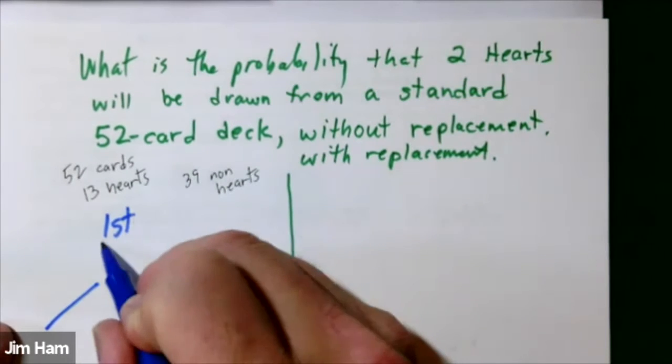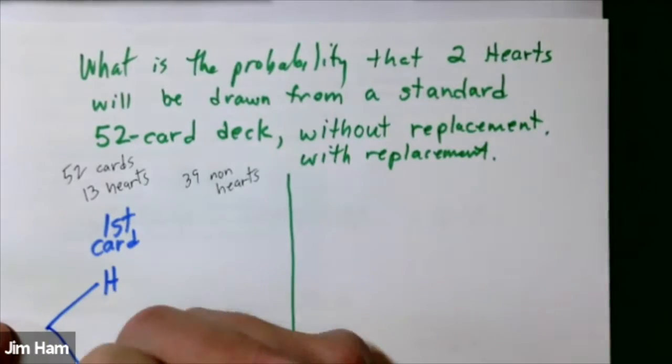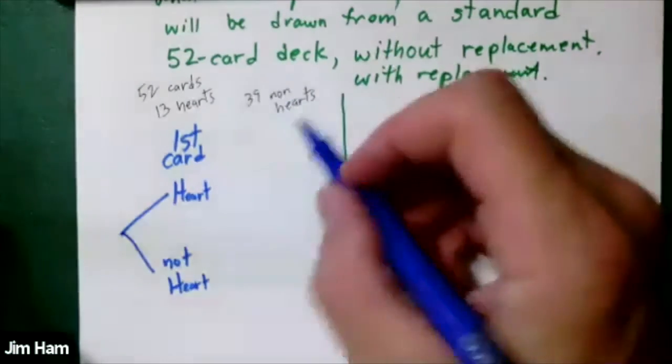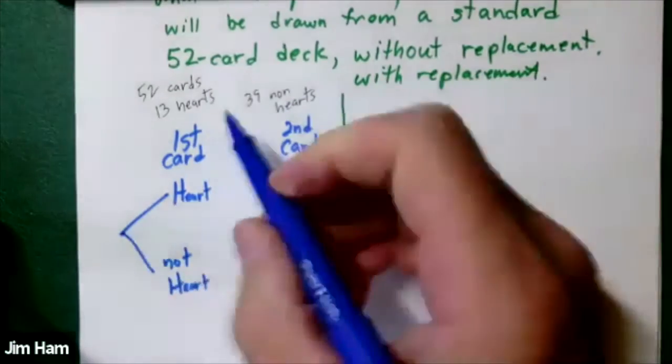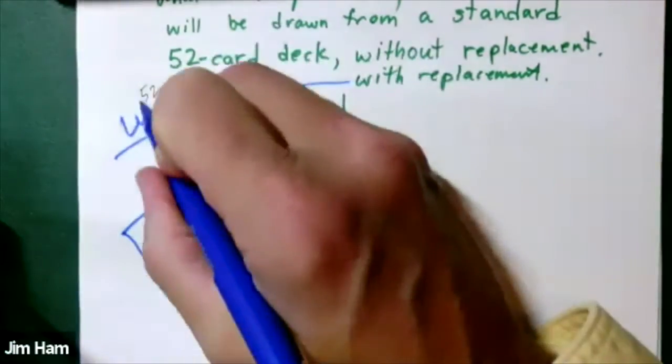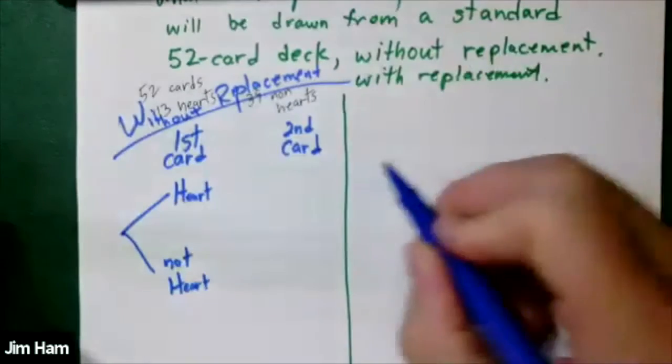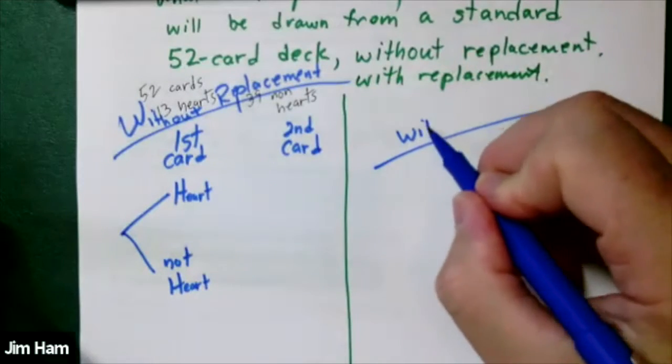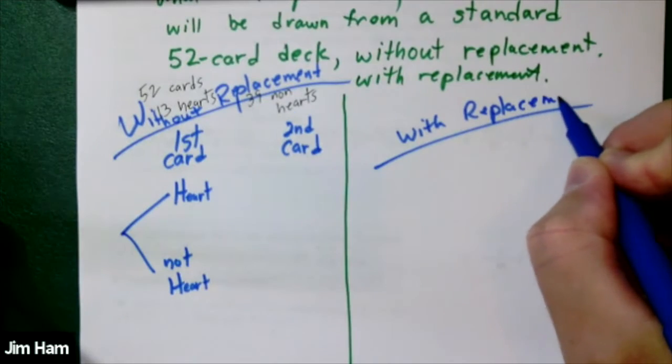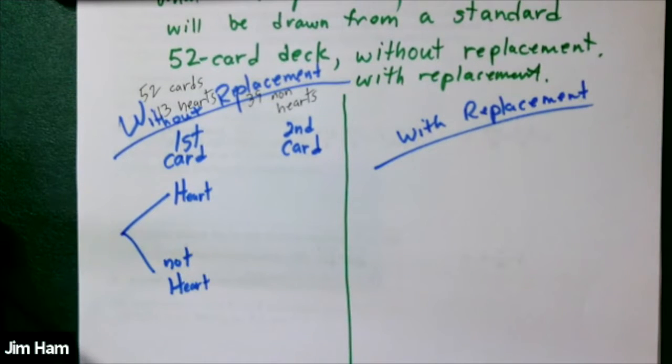The first card is going to be a heart or not a heart. And then the second card. This first version is going to be without replacement, and the second one will be with replacement. The idea in the second version is that before we select the second card, we are going to replace the first card back into the deck, presumably shuffle up the cards, and then select the next card from the full 52 card deck.